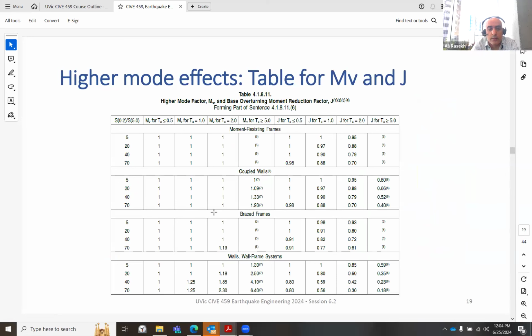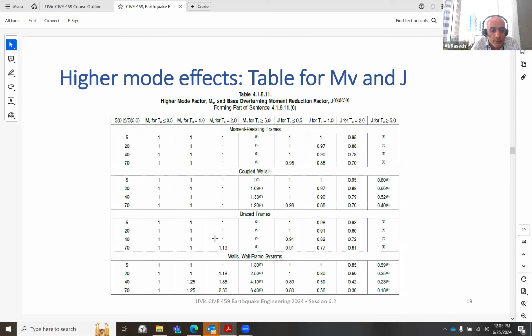Maybe I should reverse the order of this slide and firstly tell you that you read both MV and J from the code. As you see here, for different ratios of S_a(0.2) over S_a(5), the code recommends different increase factors for base shear.